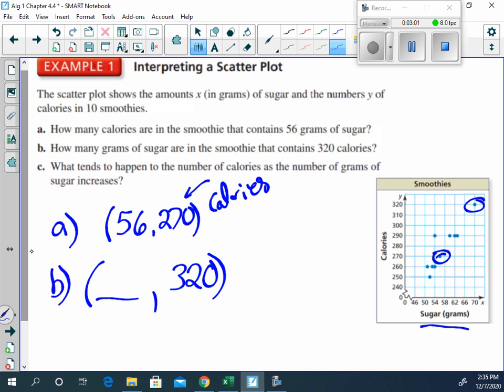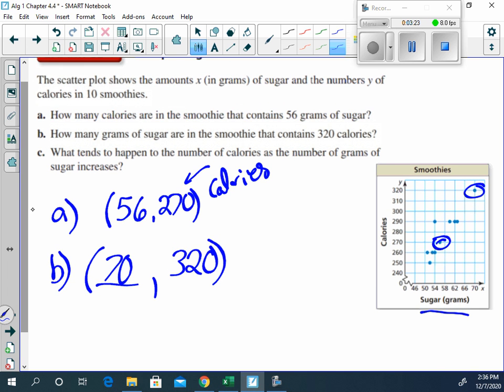We would go straight down, and that's at 70. So 70 grams of sugar. So that would be at the point 70, 320. So 320 calories, it has 70 grams of sugar. Any questions on these two here?